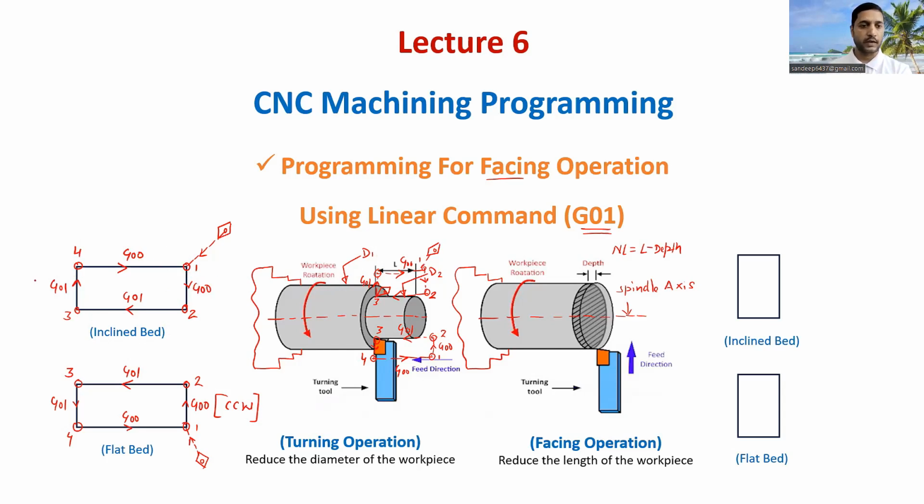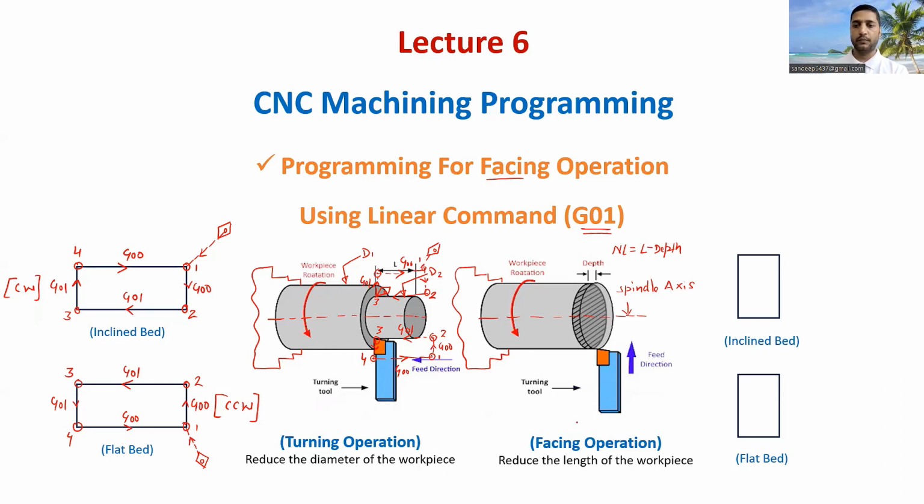This is our clockwise direction. So here we can conclude that in case of a flat bed, the direction of motion of cutting tool is in counterclockwise direction, and for inclined bed, the direction of motion of cutting tool will be in clockwise direction. So I hope now turning operation will be clear to you.